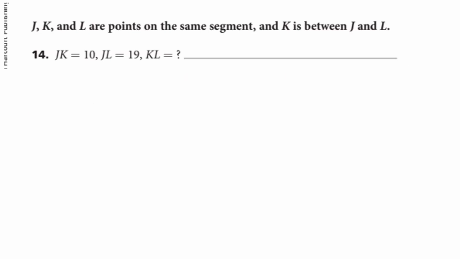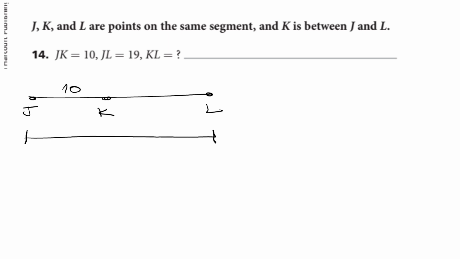Now there is a question. J, K and L are the points on the same segment. So let's try to draw J, then K and then L. So they all are on the same segment. JK is 10. JL, that is the distance from here to here, is 19. What is KL equal to? So you know that JK plus KL equals JL.